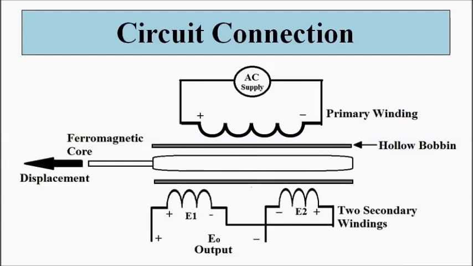So the basic operating principle of the LVDT is that when the ferromagnetic core is at the center, the flux linkage with the primary winding and both the secondary windings is equal.